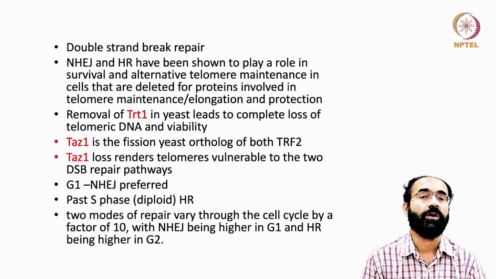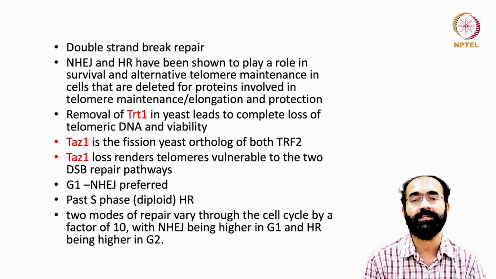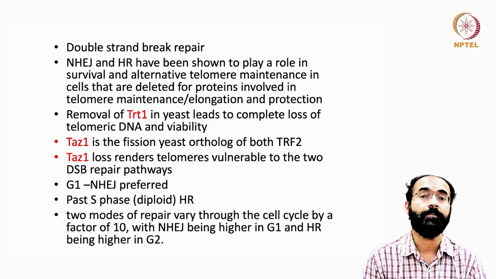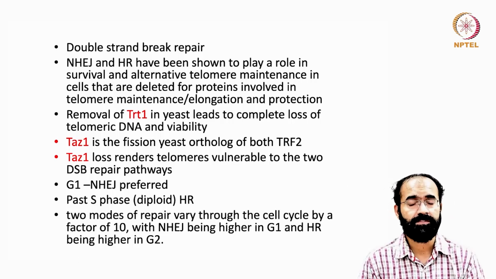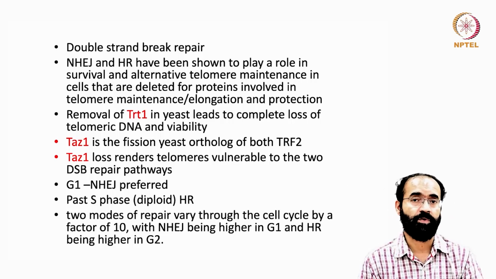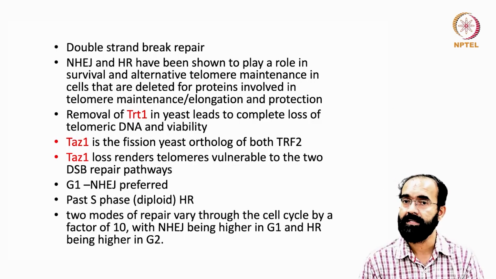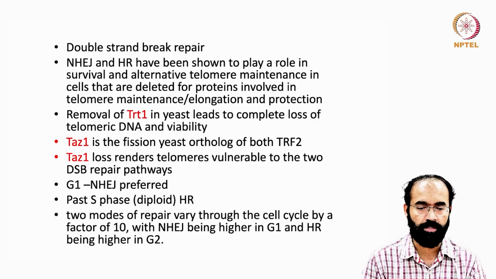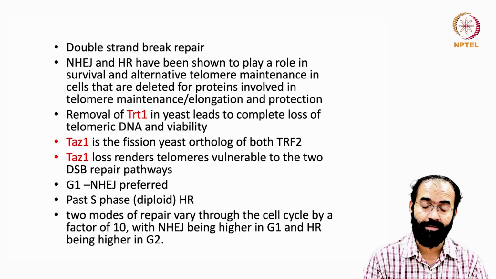The only way of rescuing is if that particular gene is not going to be expressed in that tissue, then that cell may not have a major problem to start with. But if that defect happens in the germ cells, for example, then that will be passed on to the next generation, and that next generation will suffer for sure. So removal of one of these proteins, that is TRT1, in yeast cells leads to complete loss of telomeric DNA and viability.